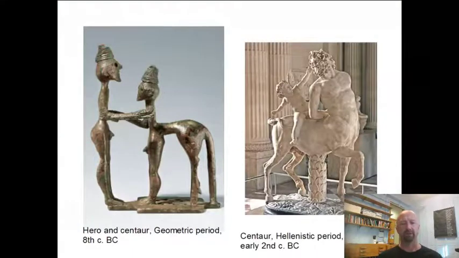And we'll be moving from things that look like the bronze image of the hero and centaur from the geometric period around the 8th century BCE on the left here, towards things, and I won't be showing you this, but just so you know the progression, towards things that look a lot like this Hellenistic sculpture of the 3rd or 2nd century BCE over on the right-hand side.